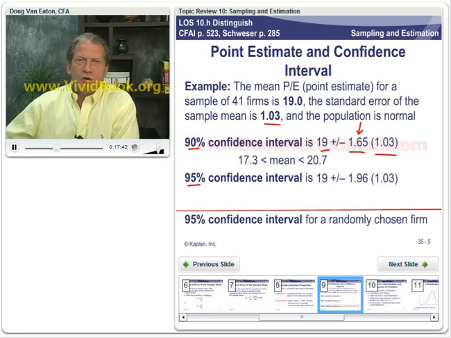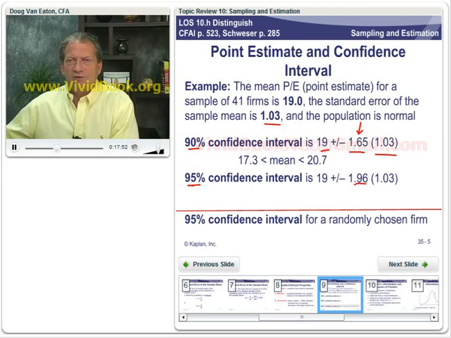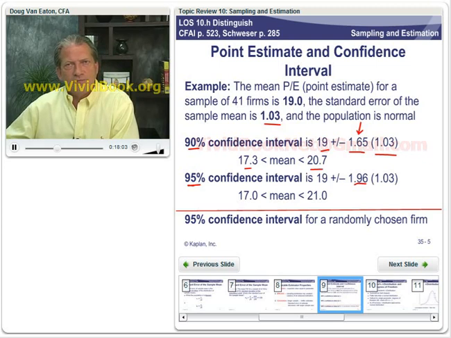So if we want to be 95% sure that the true mean is in that interval, compared to a 90% confidence factor, we need to make it a little wider, and that's what you'll see in our last note here, 17 to 21, a little wider than 17.3 to 20.7.